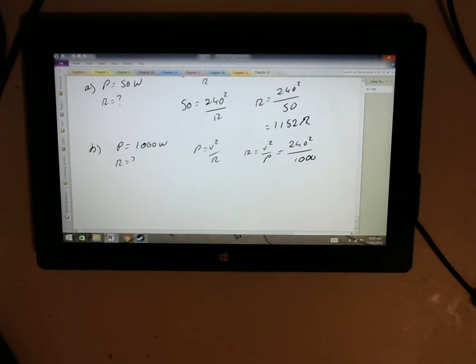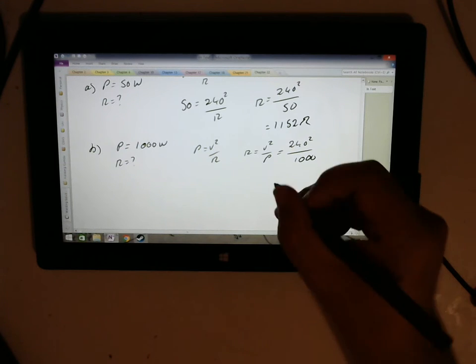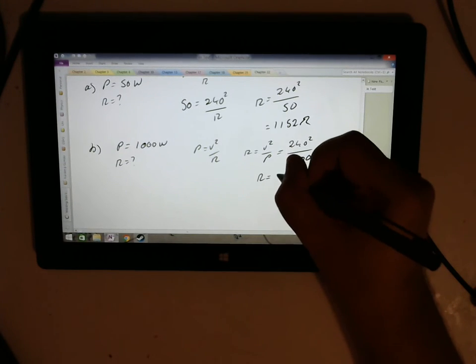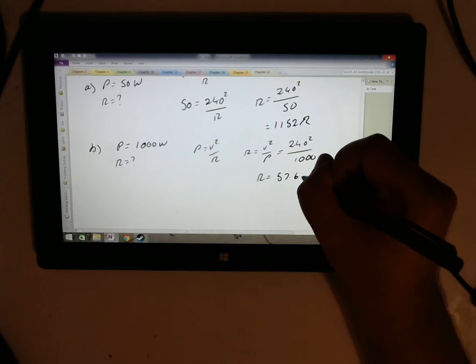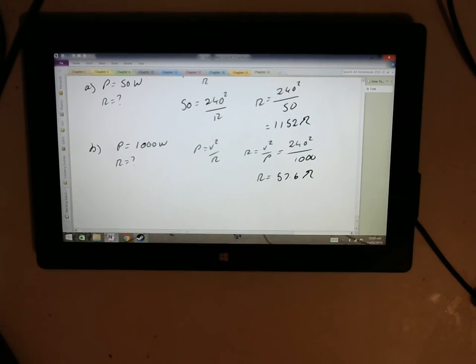Take that previous number, 50, because it's still going to be the same, divided by 1,000, so resistance equals 57.6 ohms.